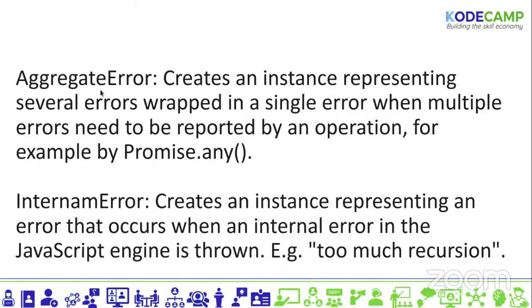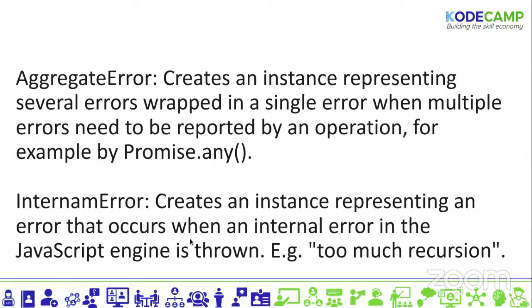This means there is not just maybe one error that you have. Maybe you have a series of errors in that code, and that is going to generate the aggregate error exception.